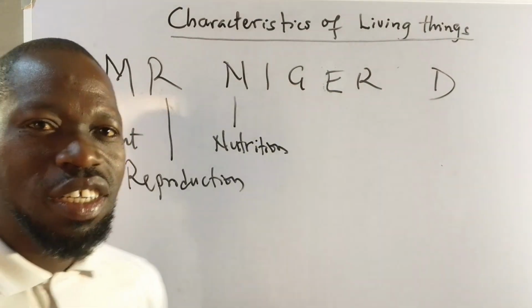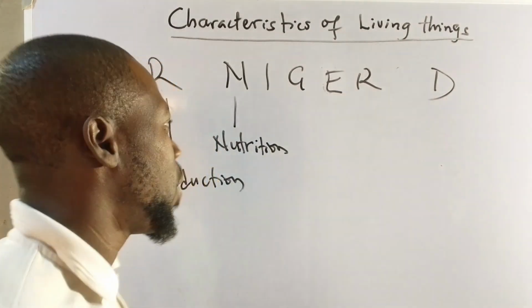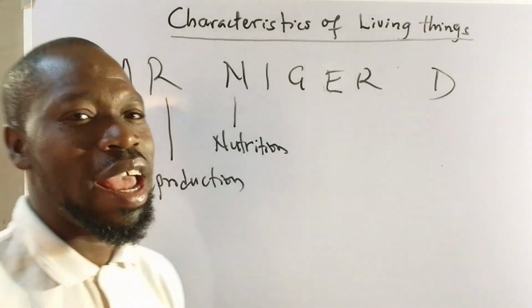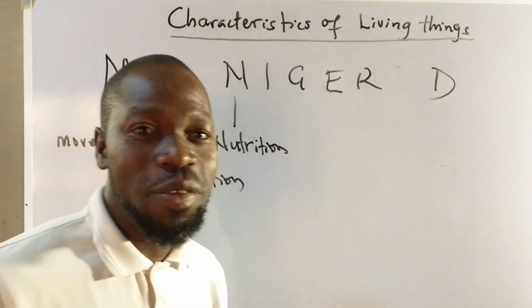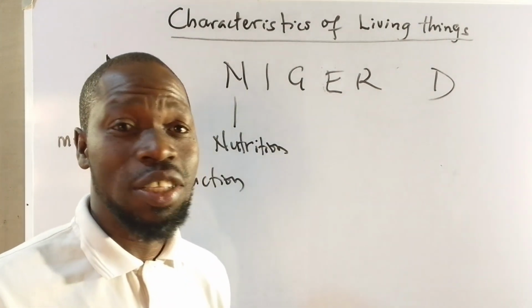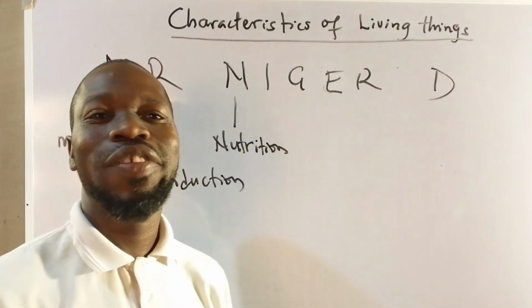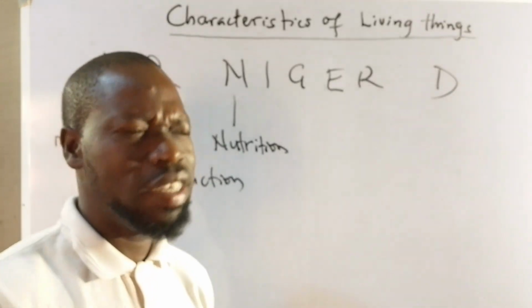Nutrition, that's feeding, and there are different ways of feeding. But that is nutrition, and I would like to use this opportunity to talk about nutrition in human beings, where you talk about exclusive breastfeeding and other complementary feeding, a topic that I'm going to elaborately talk about in time because it's very, very important.